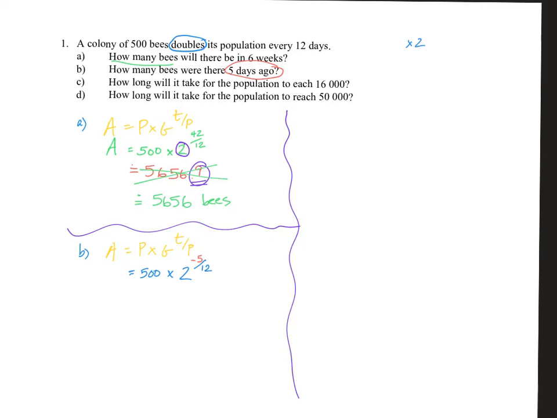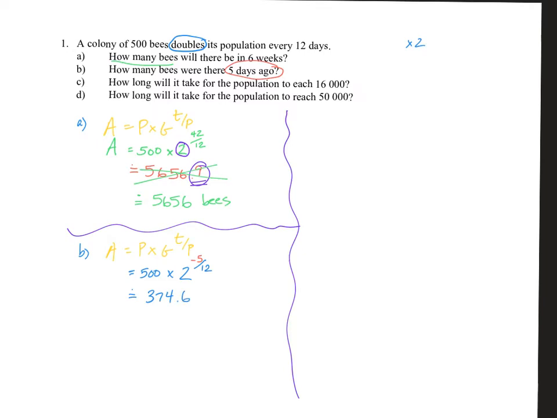Okay, we can push some buttons on that. So let's go ahead and do the same thing. So we take a look at the decimal, and our decimal is going to be about, so 2 to the exponent, -5 divided by 12. And now multiply that by our 500, and we get approximately 374.6 Bs.